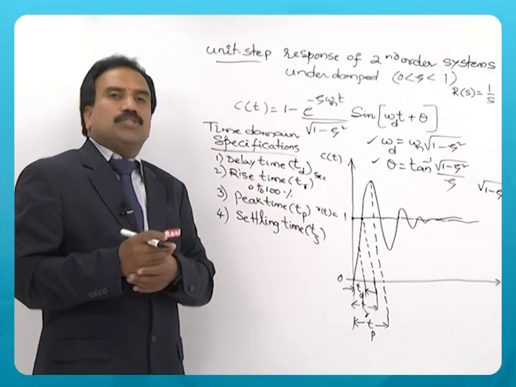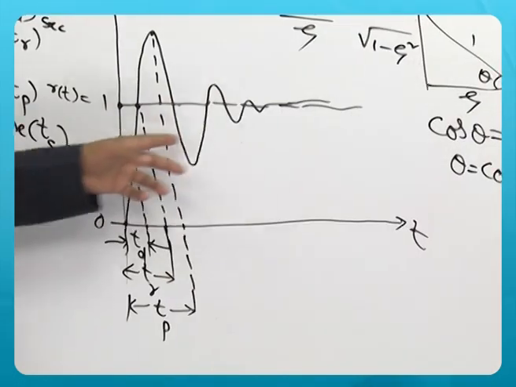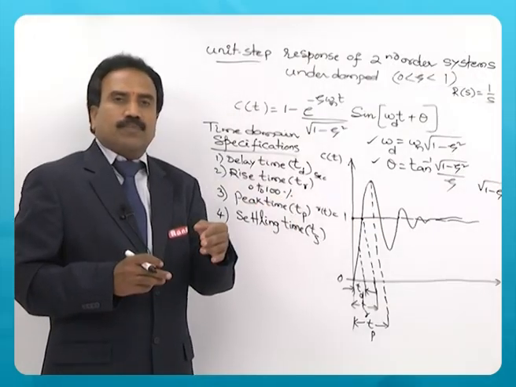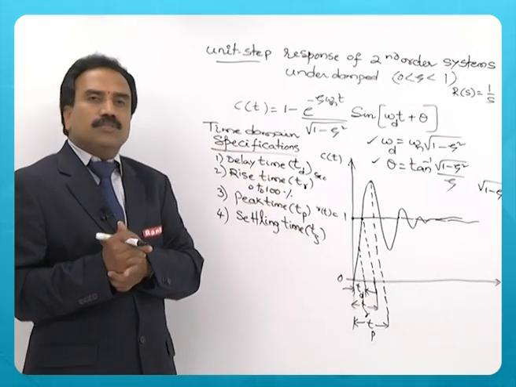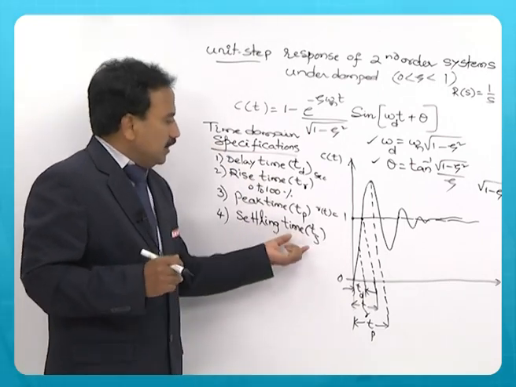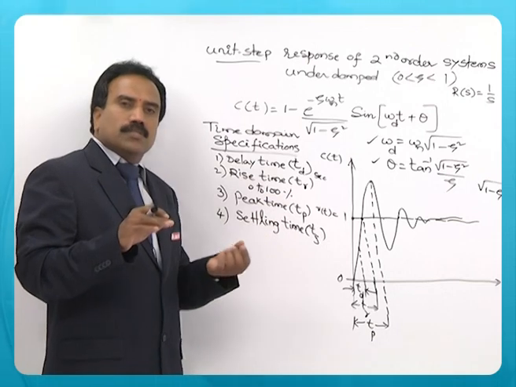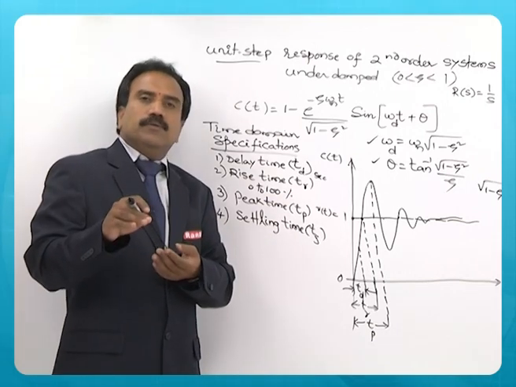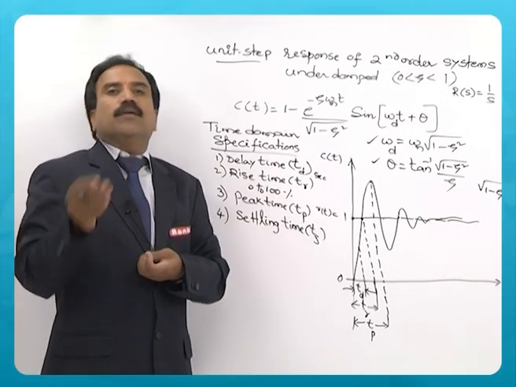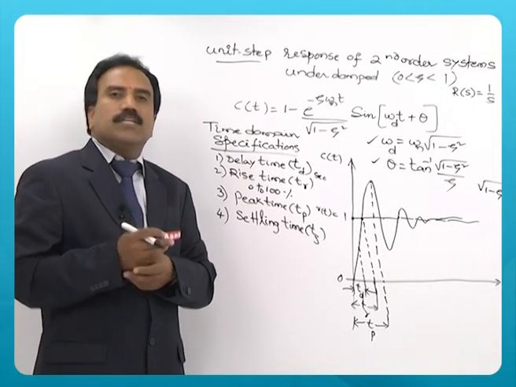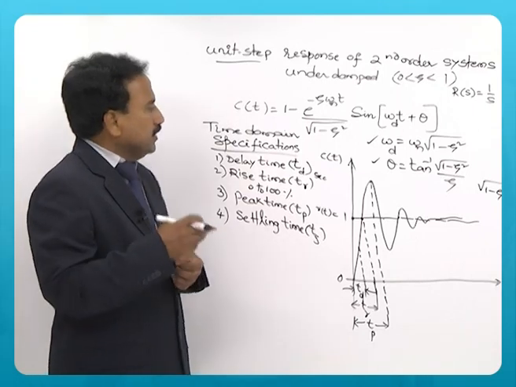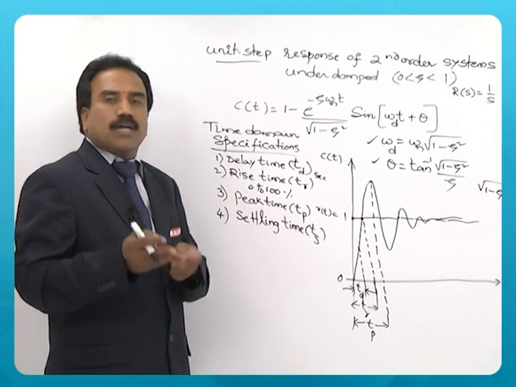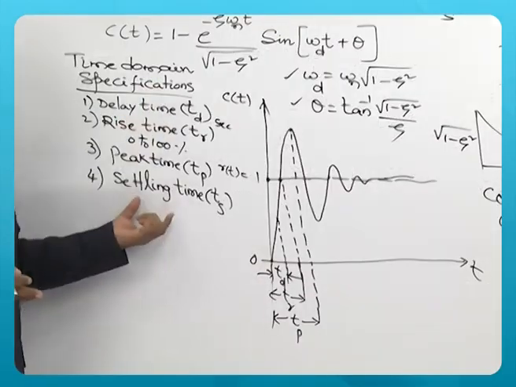However, how much time does it take for the response to reach steady state? We have discussed in the first order systems earlier that generally the response reaches steady state value in 4 to 5 time constants, where tau is the time constant. So, the response may settle in 4 to 5 time constants.